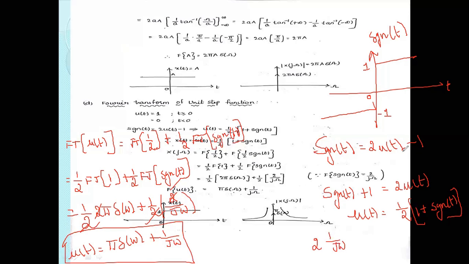So directly you can find the Fourier transformation of mu of t.